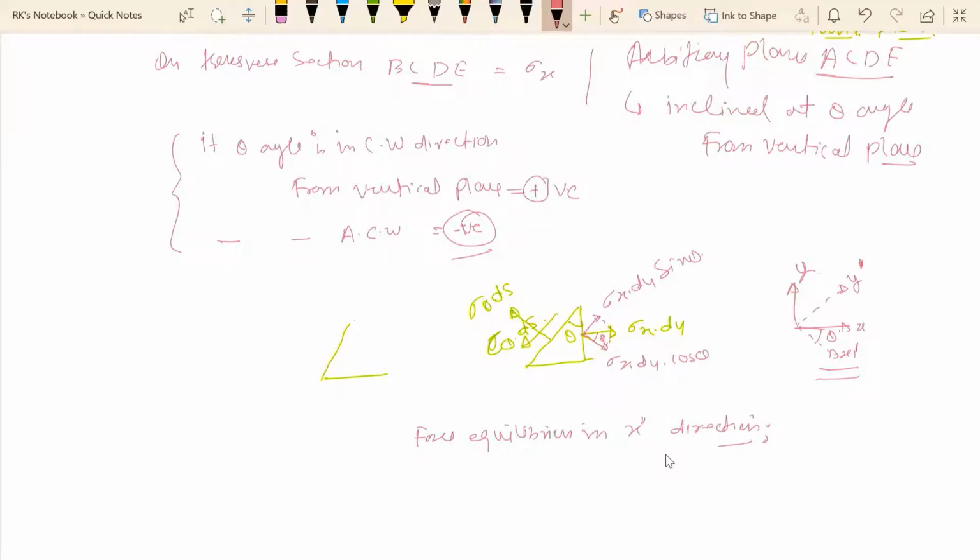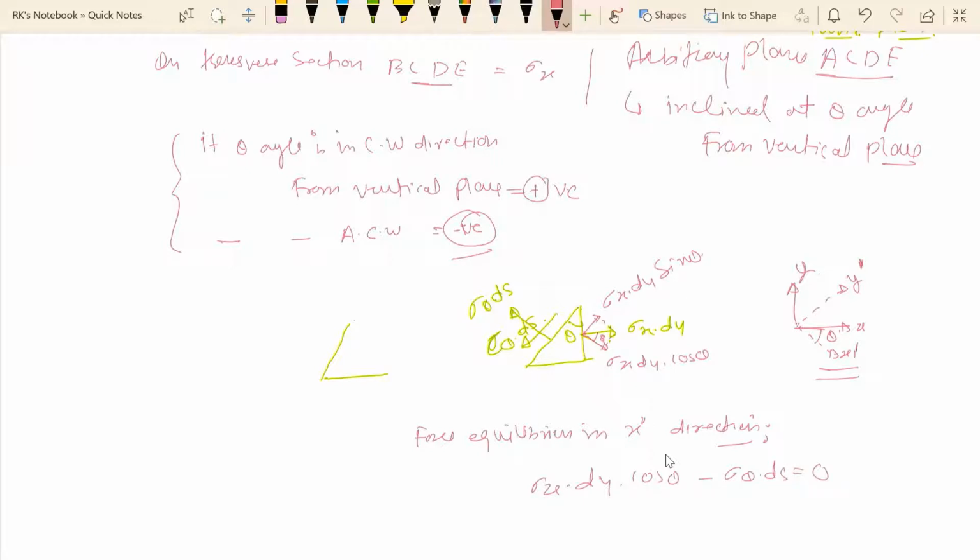One force is sigma x dy cos theta and the other force is sigma theta into ds, and both are acting in opposite directions. So we can say sigma x multiplied by dy cos theta, and if we take this positive then this is negative, so minus sigma theta into ds is equal to 0.